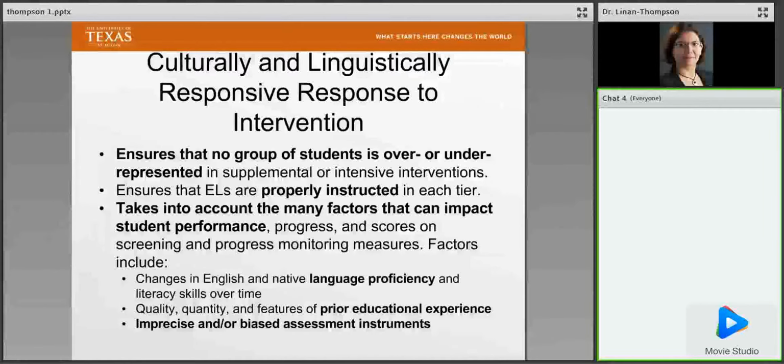When, from looking at the data over time, we can see that it's probably only due to language, but the structure of the district still places them in Tier 2.